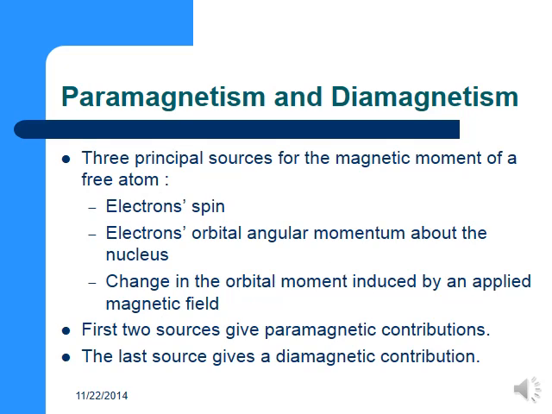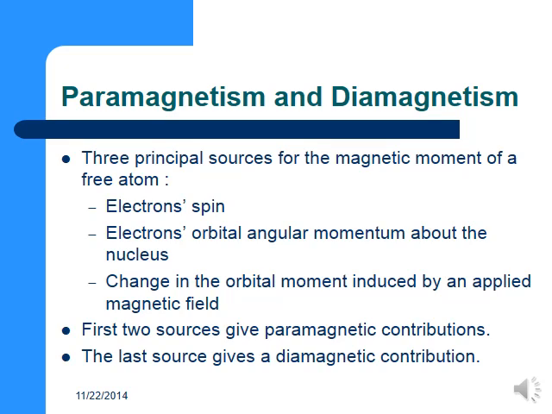So what causes paramagnetism and diamagnetism? Well, three principal sources: the electron's spin, the electron's orbital angular momentum that we showed on the last slide, and changes in that orbital moment induced by an applied magnetic field.